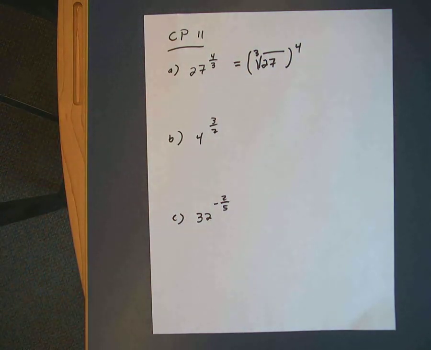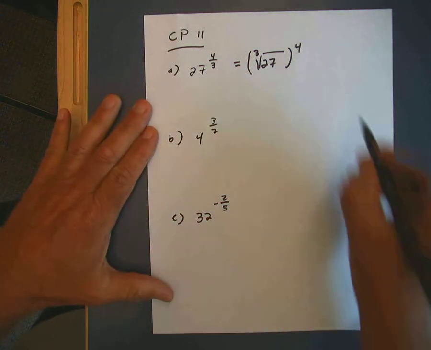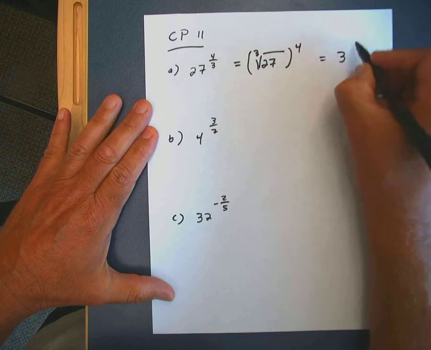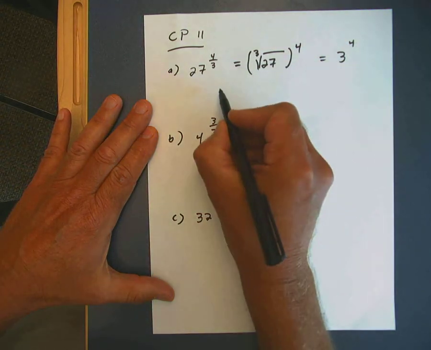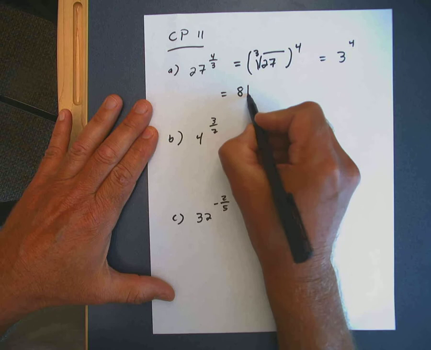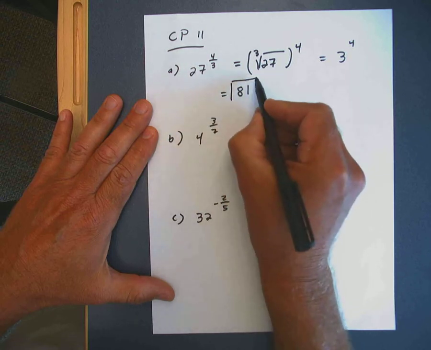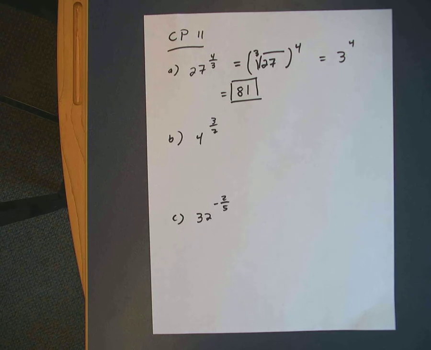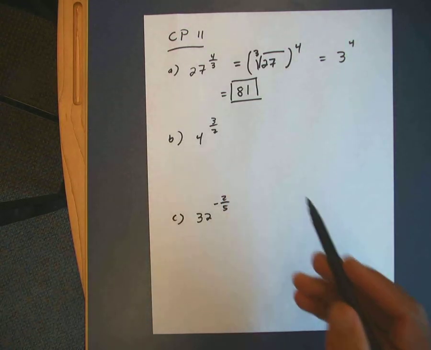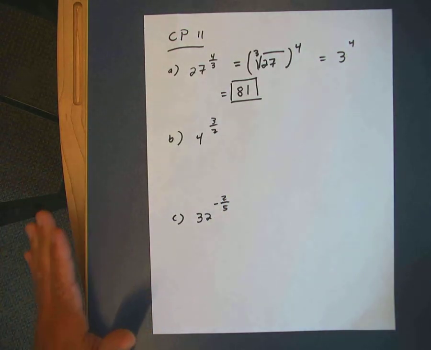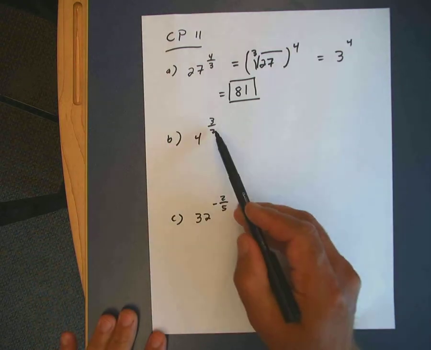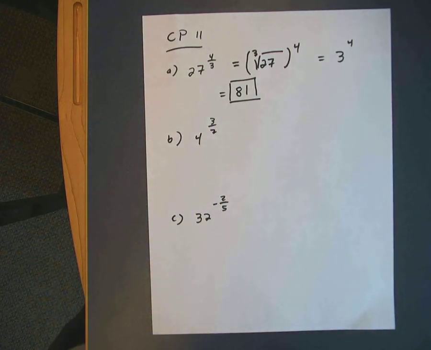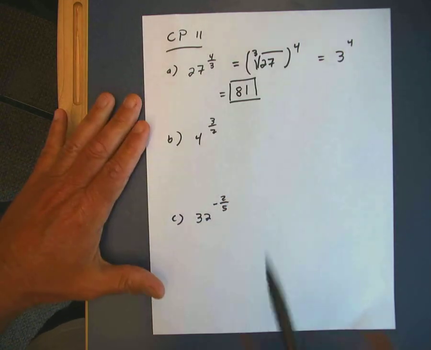Okay, we know the cube root of 27 is 3, so this is the same as 3 to the 4th power, and if you raise 3 to the 4th power, you're going to get 81. So this would simplify to the number 81. The next, similar, you have 4 raised to the 3/2 power: 2 on the bottom, square root, if you want to put it in root notation, and 3 on the top, cubed.